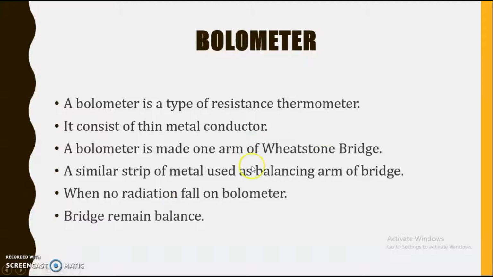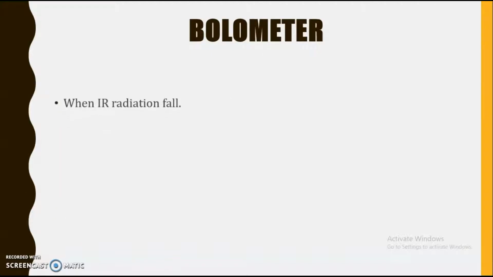This Wheatstone's bridge tells us whether radiation is falling or not, because when no radiation falls on the bolometer, the bridge remains balanced. And when IR radiation falls on the surface of the bolometer, the bridge becomes unbalanced due to the change in resistance, which indicates that a certain amount of light is falling on the surface of the bolometer.